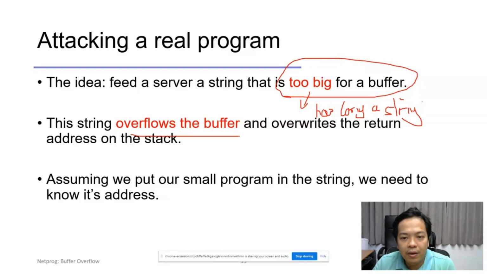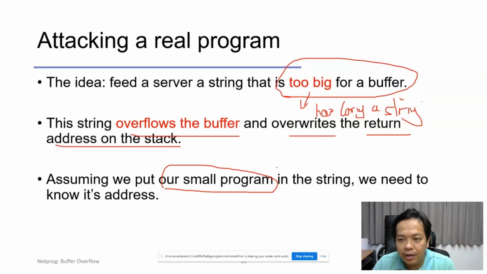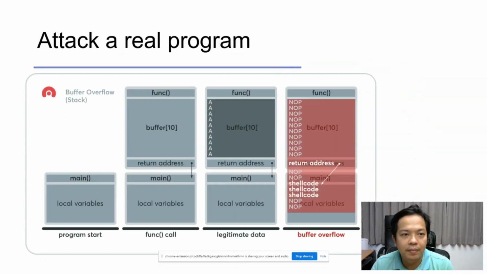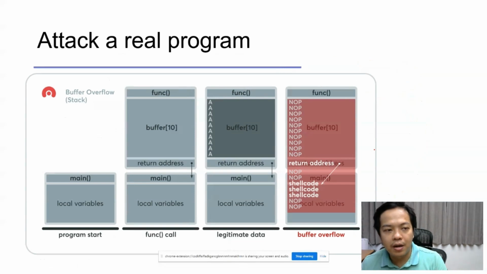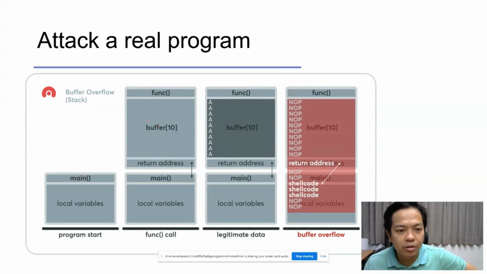This string overflows and overrides the return address on the stack, and we can put our small program into this string, and we need to know the address to run the program. Here is how we input the buffer overflow, and after the function returns, this is the input.